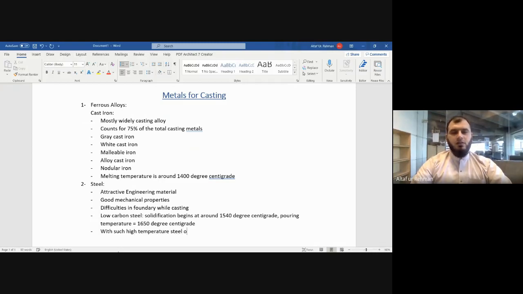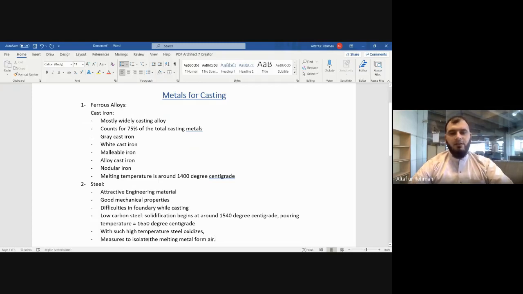With such high temperature, steel oxidizes. So we need to take some measures to isolate the molten metal from air.